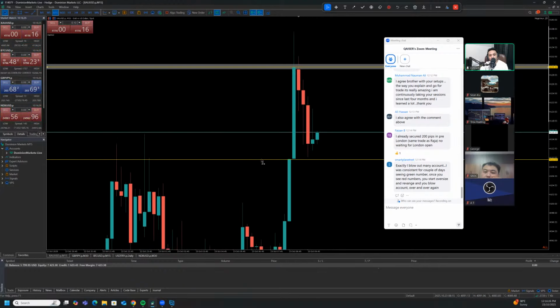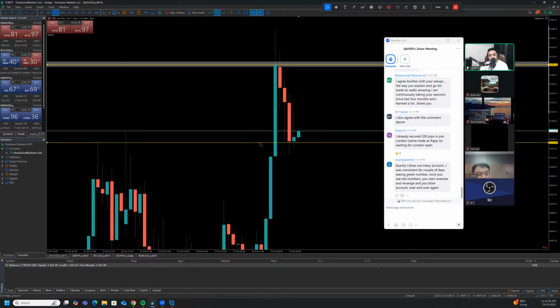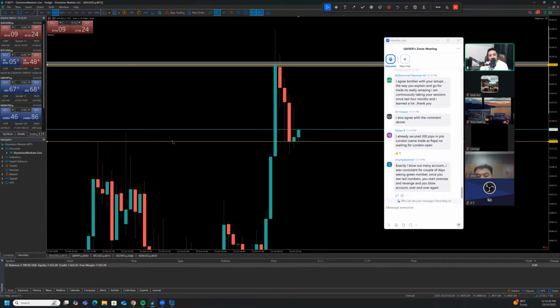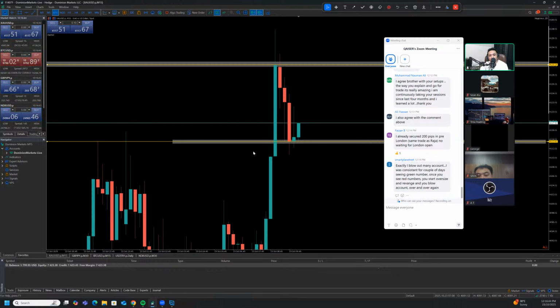So here you go, we are having a support now. That's our support. It created a support. Look at this one, look at this one again. It retraced 50%.